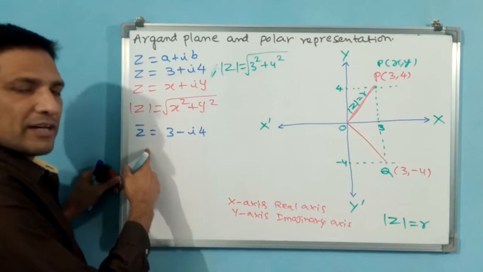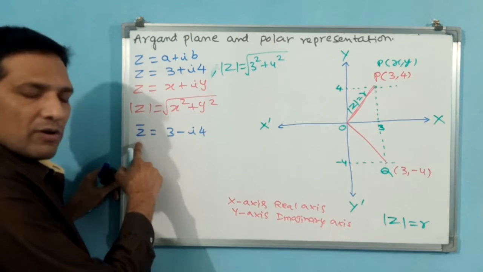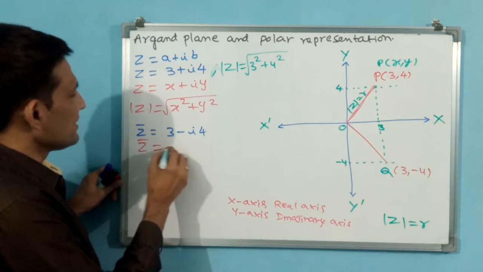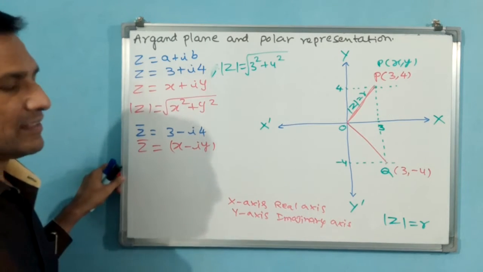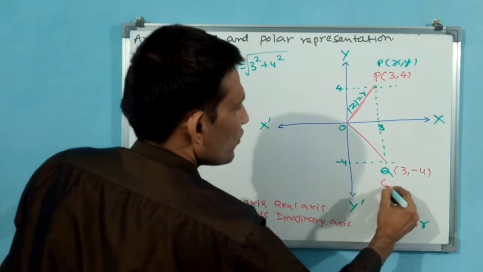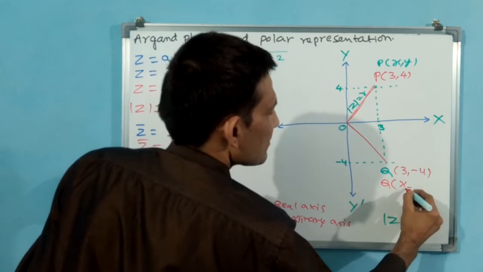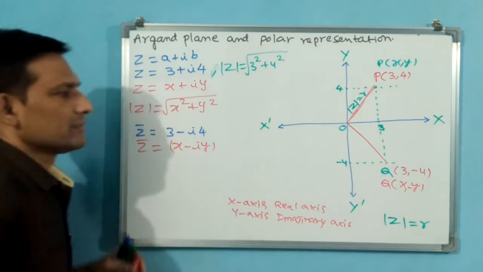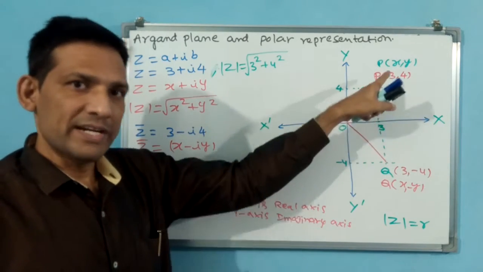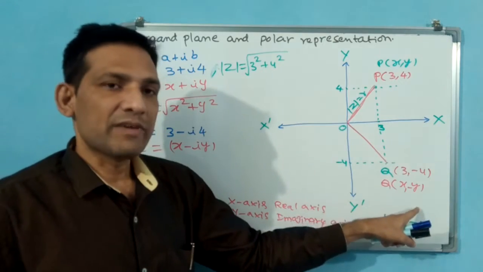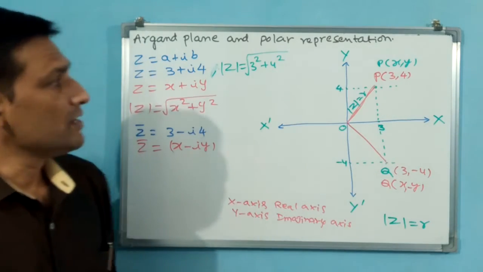That means in the Argand plane, the conjugate you can represent with x minus iy. Q has x, minus y. x plus iy is z, x minus iy is the conjugate.